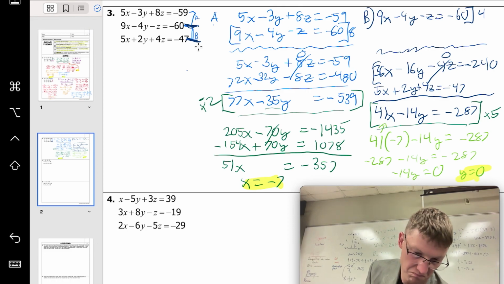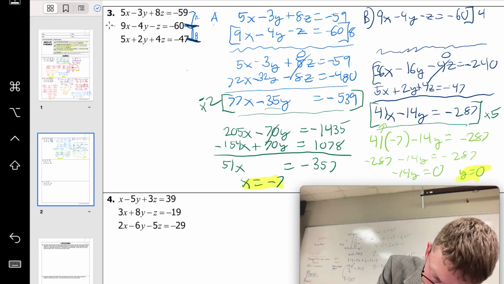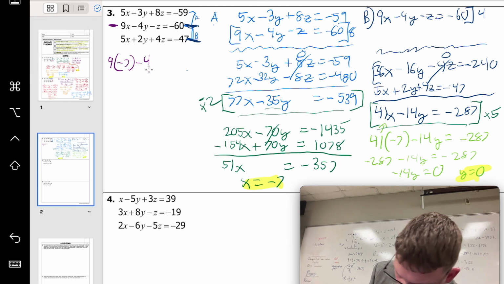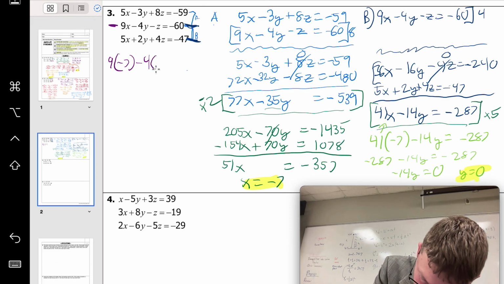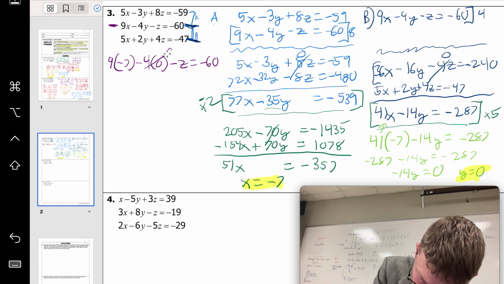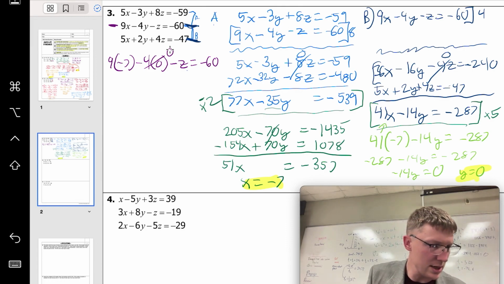So, I don't know, middle one? Let's do that. So if we go here, we've got 9 times negative 7 minus 4, what is our y? Times 0, convenient, minus z equals negative 60. That's 0. 9 times 7 is 63.